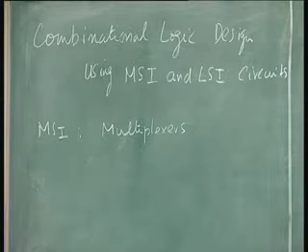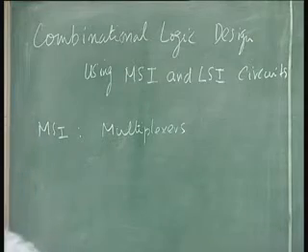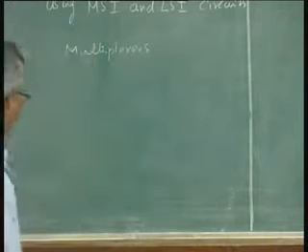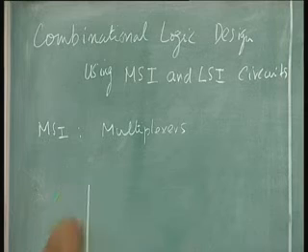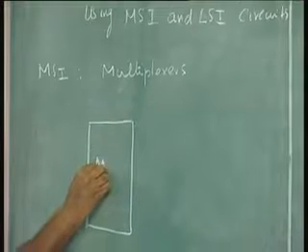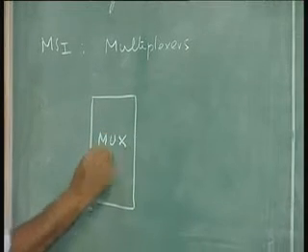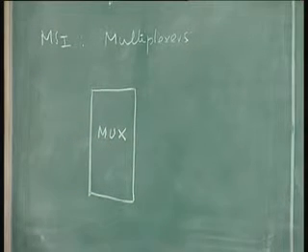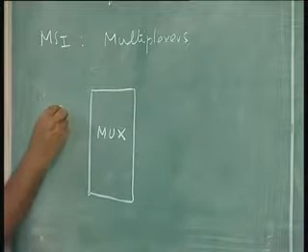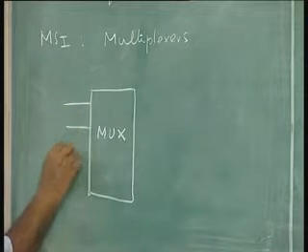Okay. Now, what is a multiplexer? Basically, a multiplexer, as the name suggests, multiplexes. That means I have several inputs and you have to select one of them. It's a selector. Multiplexer is nothing but a selector. So if I have a hardware which I call multiplexer, MUX for short, now I have several inputs.